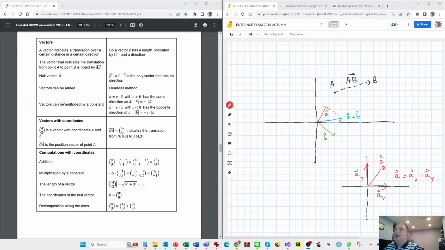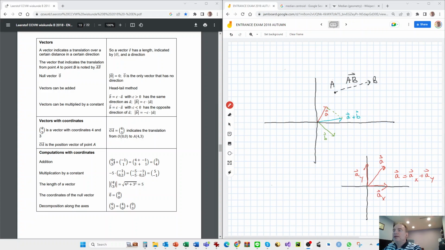And you can add vectors. So by the head-tail method, if I have a vector A here in red and B in green, I can add them by just putting the tail of B on the head of A and find what that resulting vector A plus B is, in cyan color here. Obviously you can put a vector into coordinates.